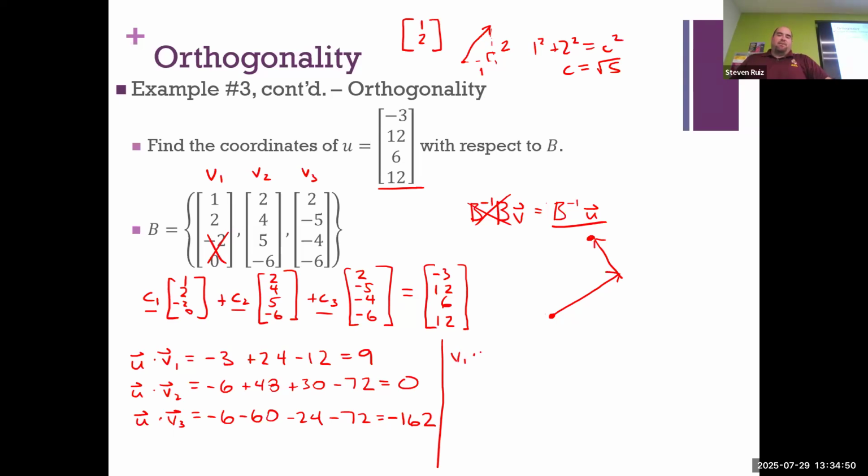So let's do this now. V1 dot V1, V2 dot V2, and V3 dot V3. What is V1 dot V1? Nine.